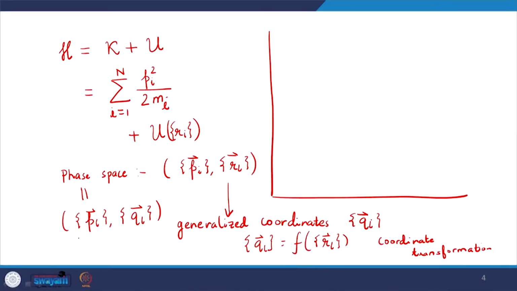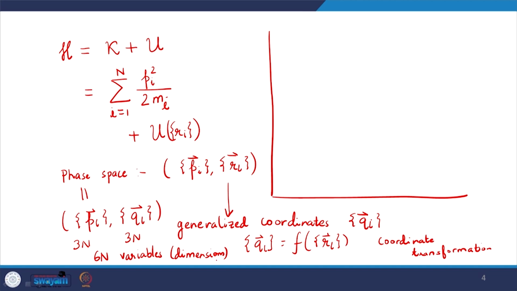So in total we will have 3n momenta and 3n coordinates, which gives 6n variables. We can also call them dimensions, because the Hamiltonian depends on the 6n variables, right.